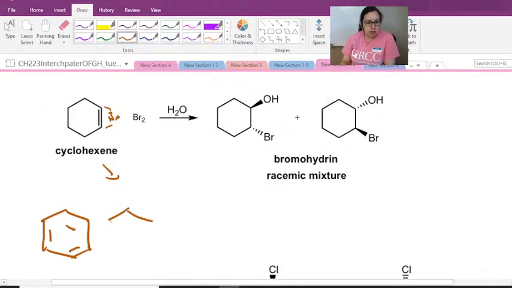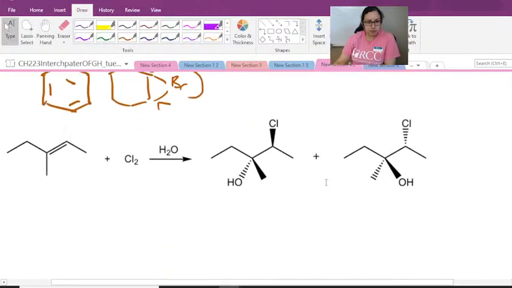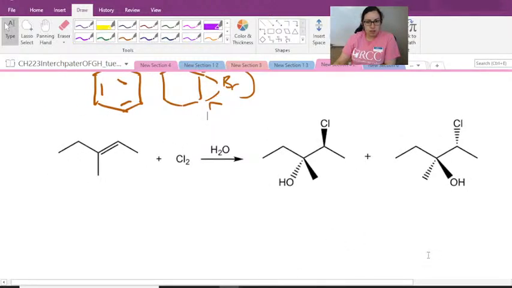You could draw out a similar intermediate, a planar intermediate, and then OH either goes from the top or the bottom. So similarly, you can make 2 different products here.